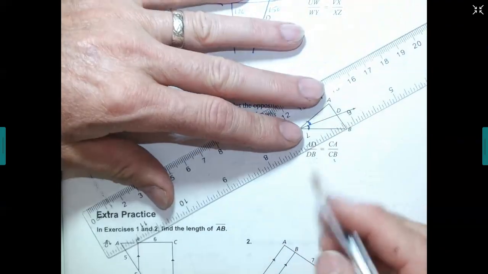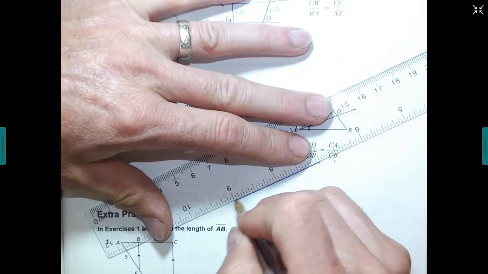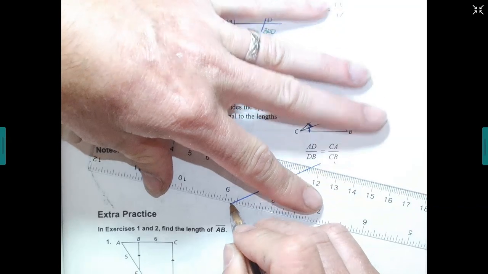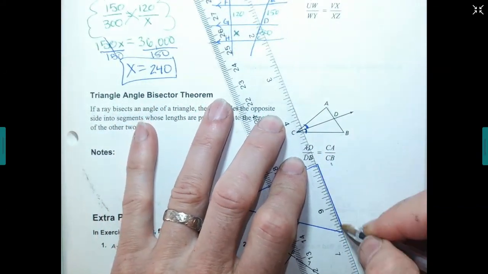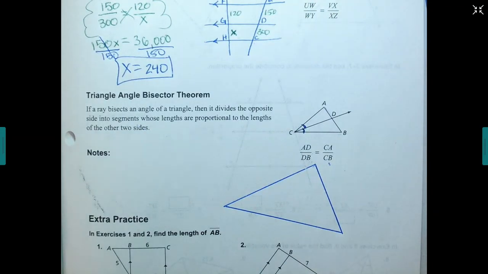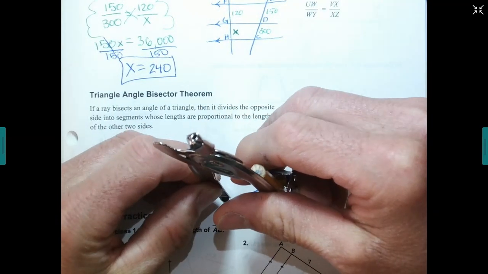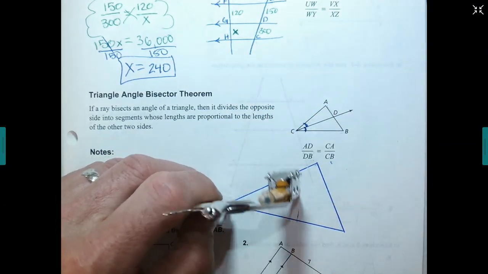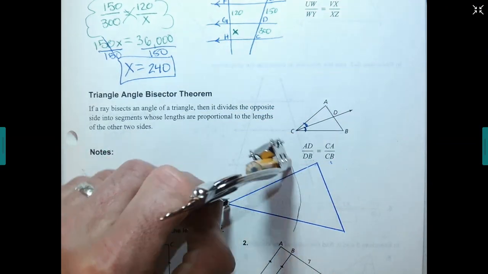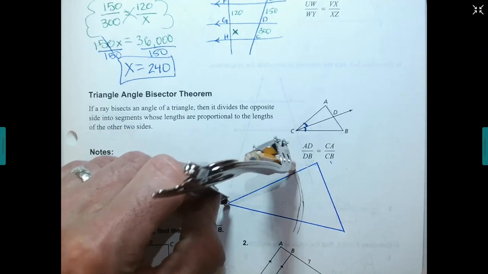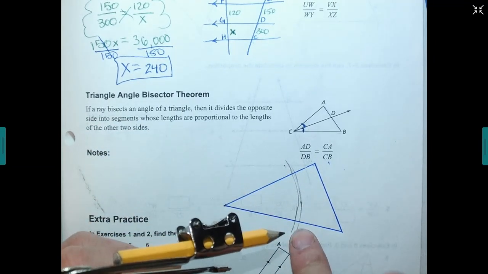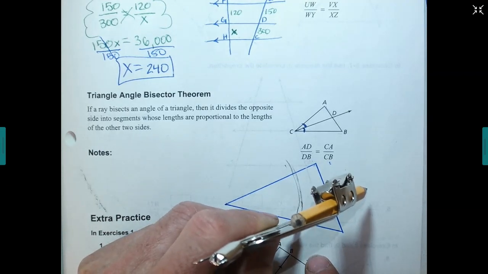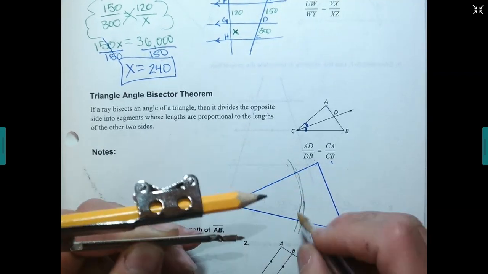I'm actually going to show you really fast how to make a perfect angle bisector. So if you get yourself a compass, oh gosh, please stay in one place. So I've got this compass. I made my line. I'm going to put my compass where I intersected.